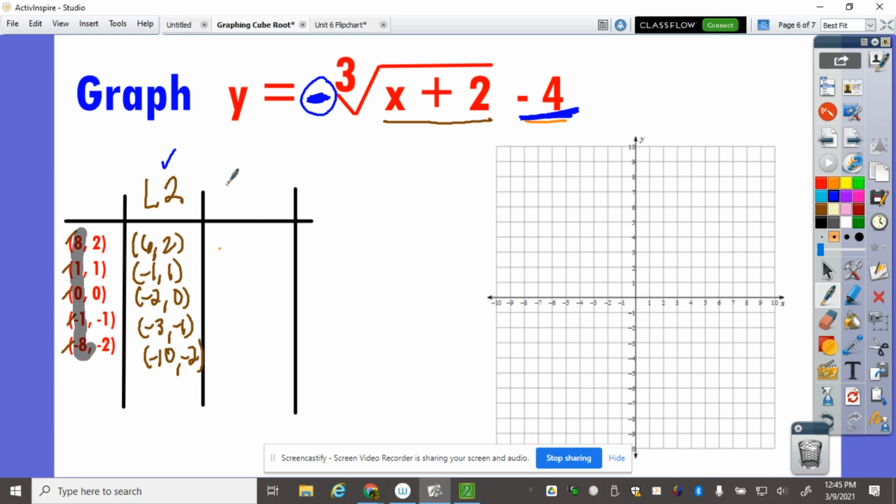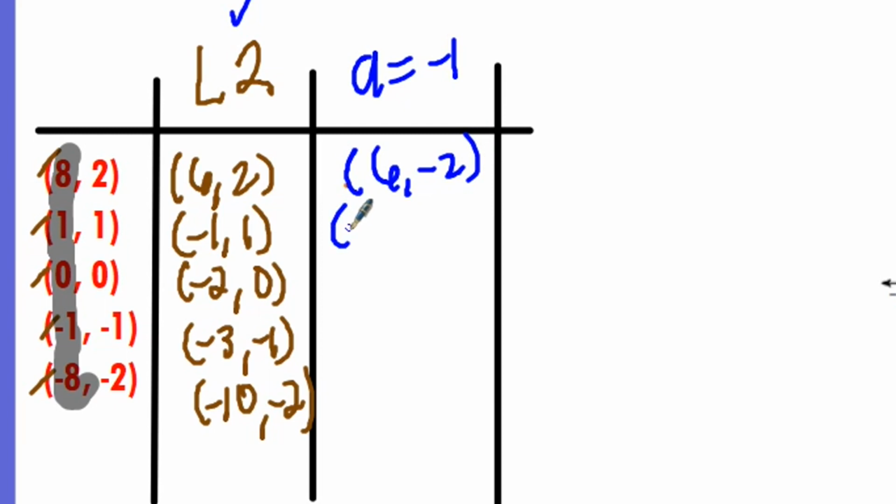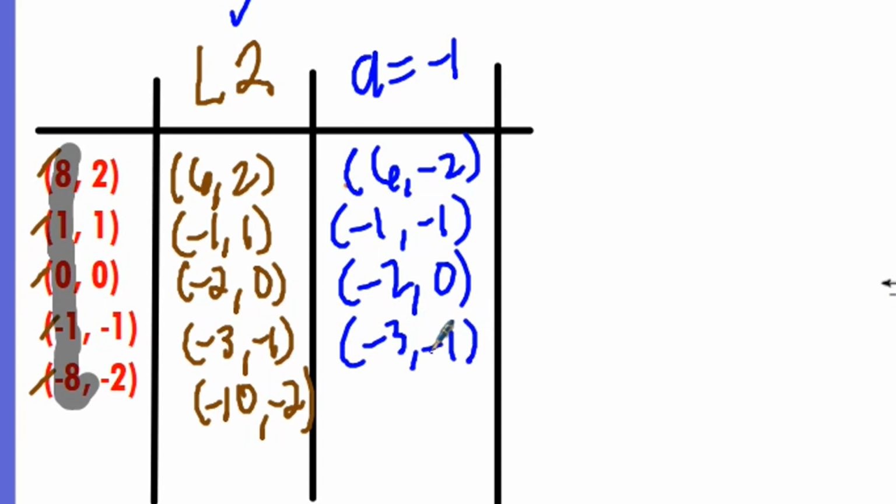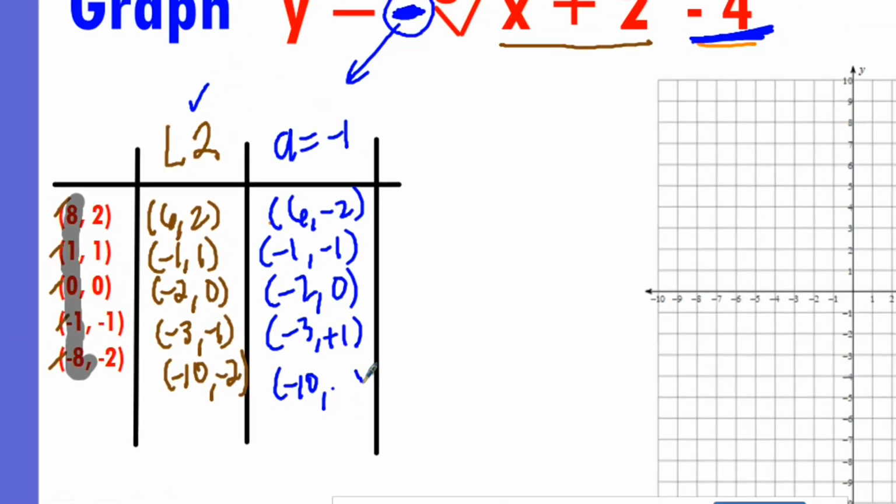Because of the negative 1 here, we're going to multiply the y value by negative 1. So this becomes (6, -2), (-1, -1), (-2, 0) still, (-3, 1), and (-10, 2).